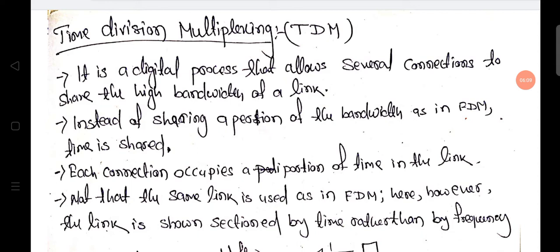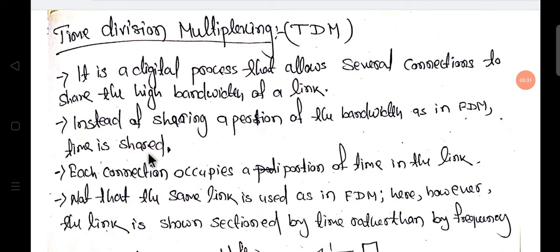Previously, FDM and WDM are analog signal multiplexing, but TDM is digital signal multiplexing. So here digital data are combined and share the bandwidth of a link. Instead of sharing a portion of the bandwidth as in FDM, time is shared here.